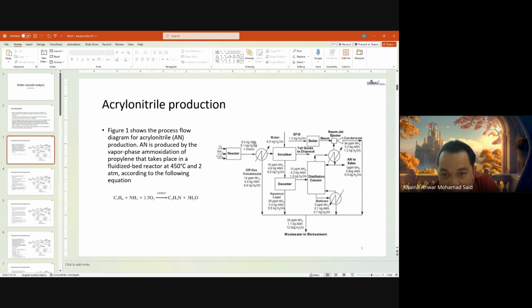After the reactor, we have hydrogen cyanide and water with some gases. Then this goes to a cooler, so some of the gases condense.